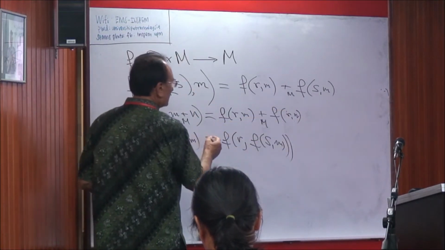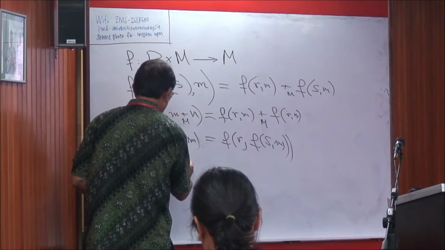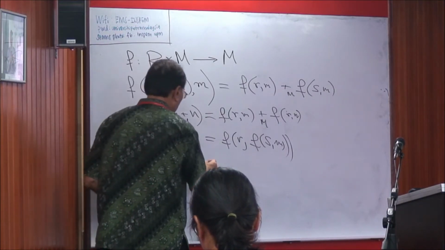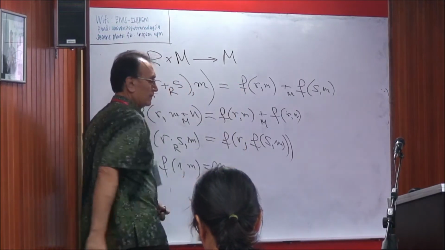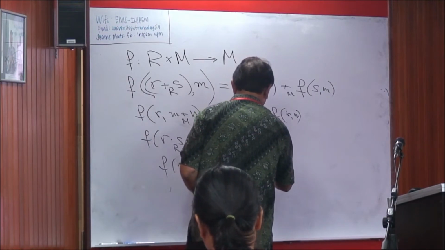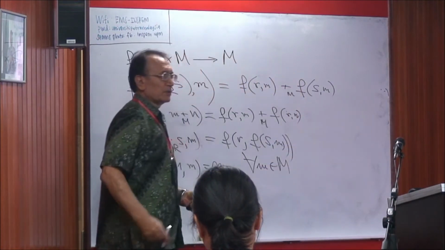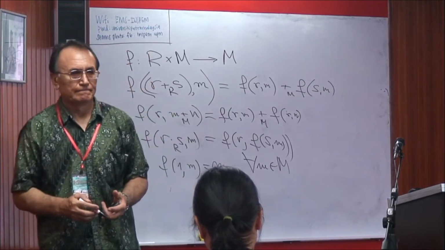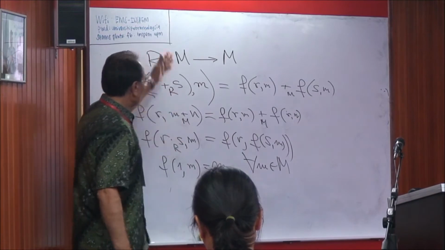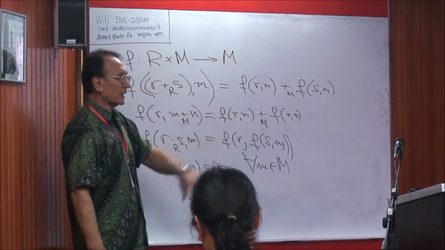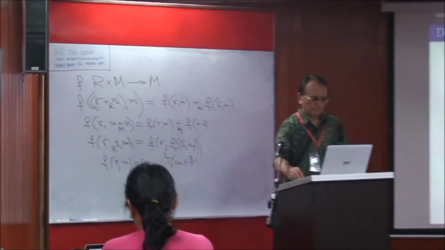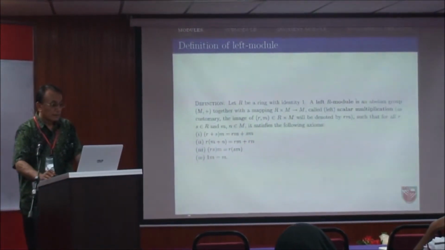Number 4 is just that if you take the identity of your ring, then acting on any element of your M, it must give that element back, for any m. So these are the four axioms.